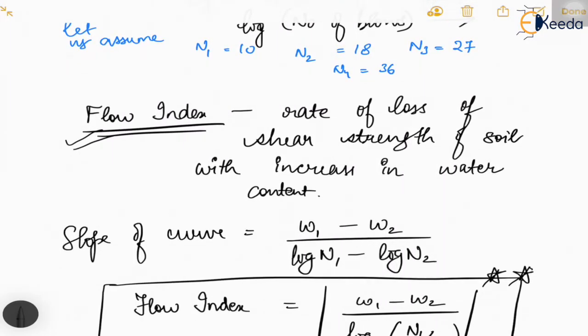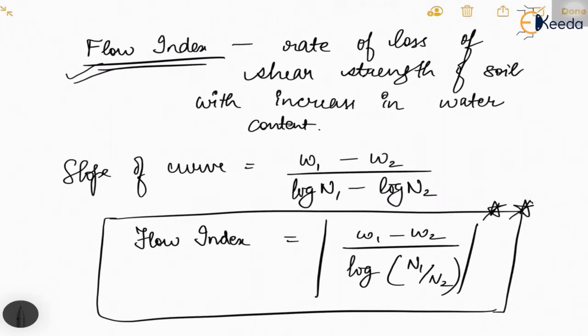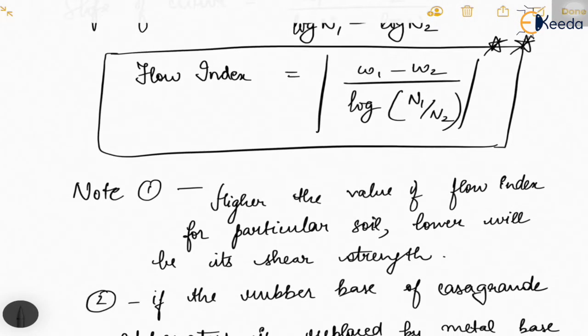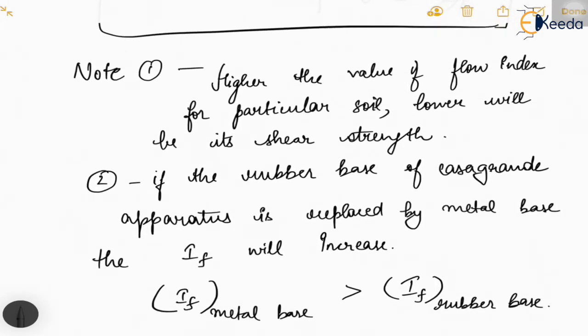Further, we also discussed the concept of flow index and obtained an expression for flow index using the above curve, that is the flow curve. We discussed some of the situations which might occur, let us say, what the examiner might ask you, what does this flow curve signify to you?